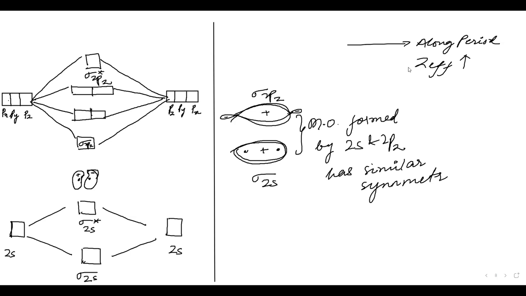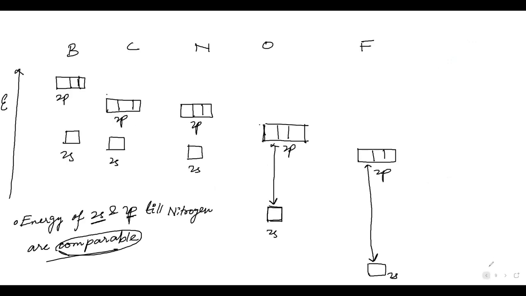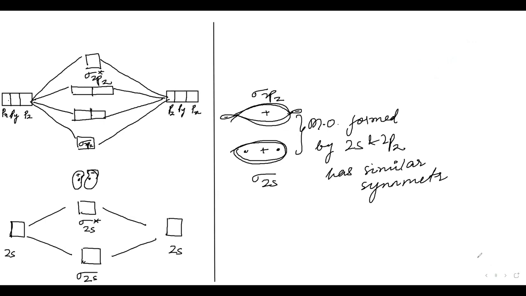Let us see, just using another slide. We have two orbitals now. This is mixing of sigma 2pz and sigma 2s. Which has higher energy? Sigma 2pz has high energy.